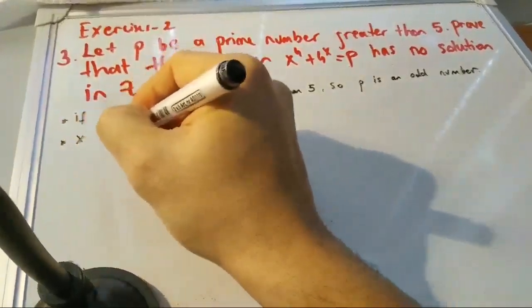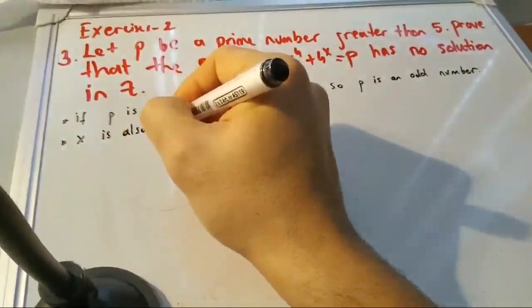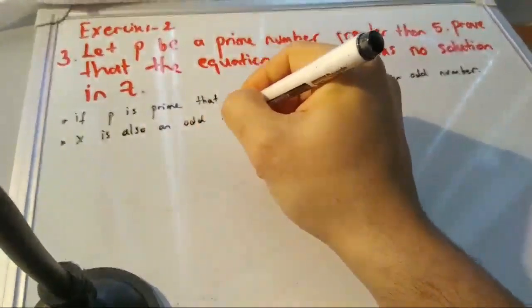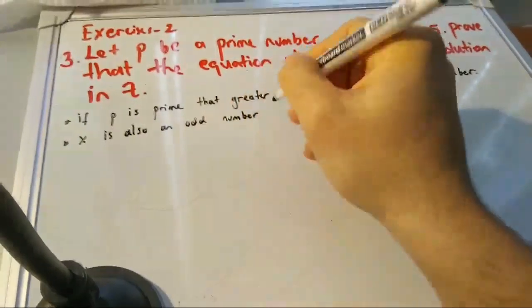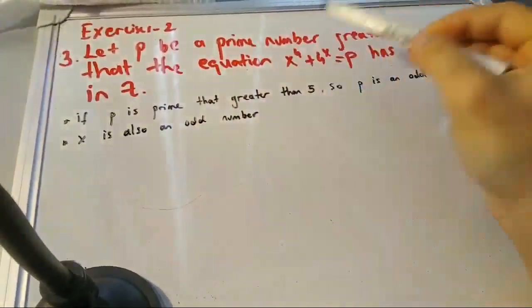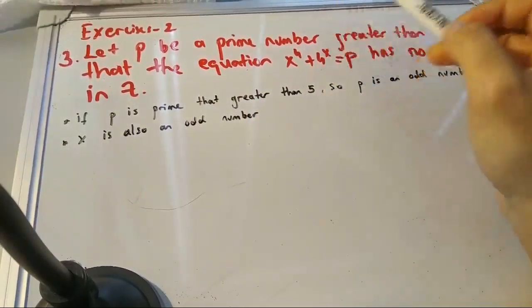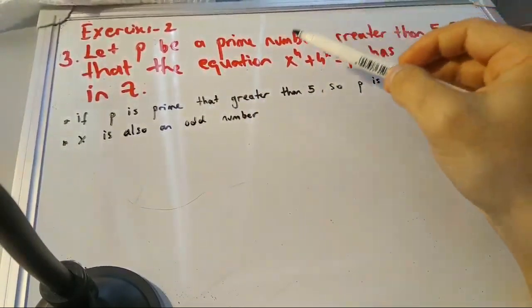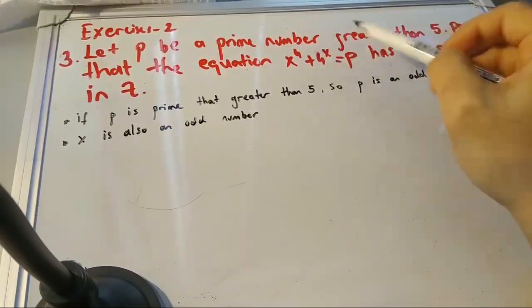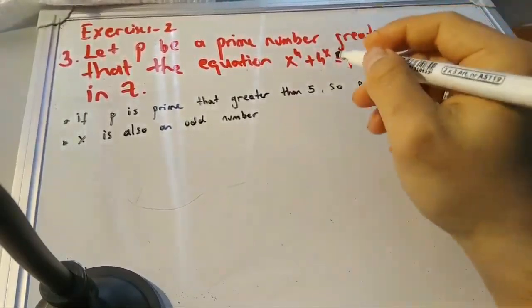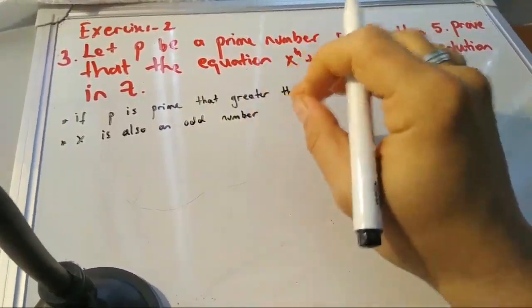X is also an odd number because for X even, 4 to the power of even is even, and X to the power of 4 is even. When we take the sum of two even numbers, we will get even instead of odd, but P is prime. So X is also an odd number.